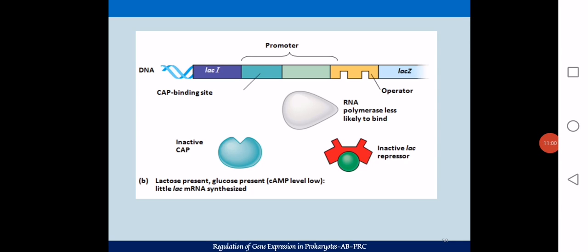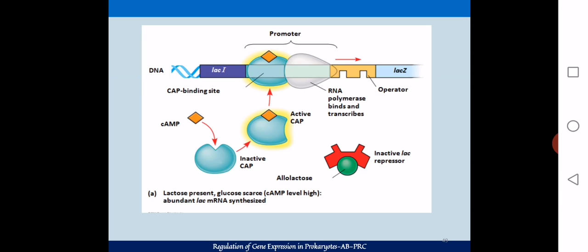And one more point we have to remember is about the concentration of cAMP. We know that cAMP concentration is connected to the concentration of glucose, as already stated. That means cAMP will be available in the system only when glucose is absent.